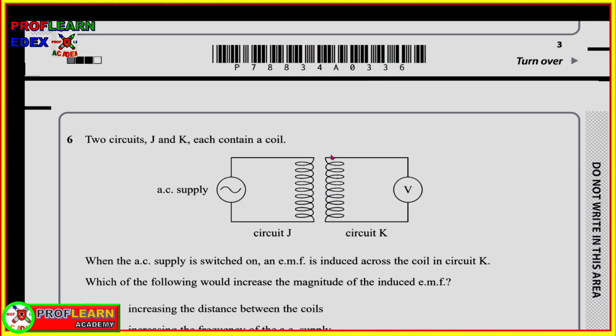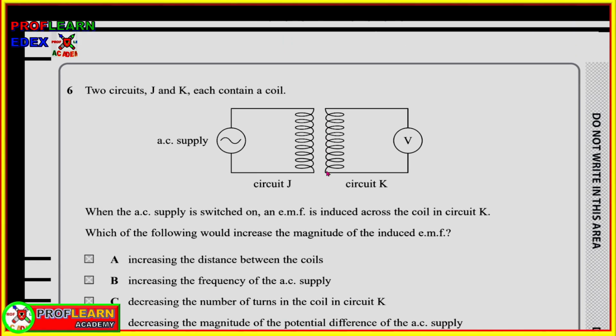The number of turns in the secondary coil should be more. Also, we can talk of adding an iron core, which can link the magnetic field. Then we can also talk of increasing the AC supply in the primary coil, which is going to increase the strength of the magnetic field which is created and linked to the secondary coil.